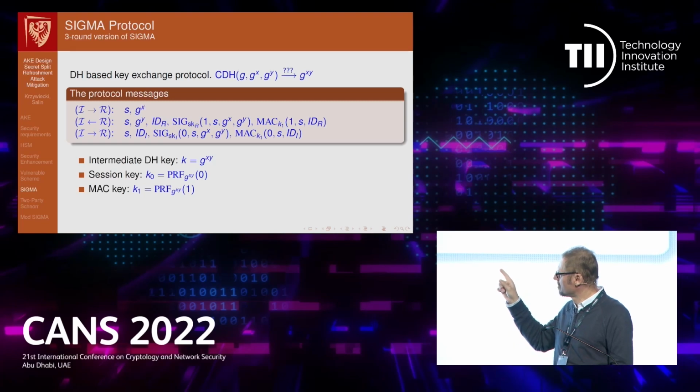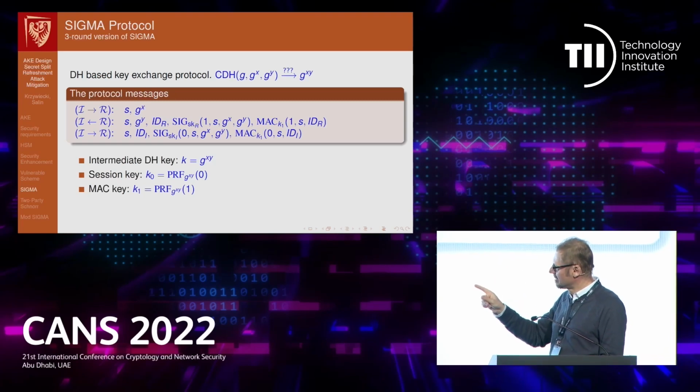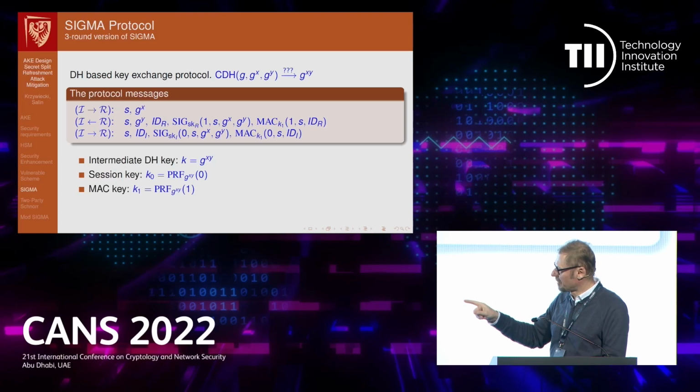And we use the message authentication code, keyed actually. The key for the message authentication code is derived by computing the intermediate Diffie-Hellman key, G2XY, and then using the pseudorandom function with the key G2XY over 1.